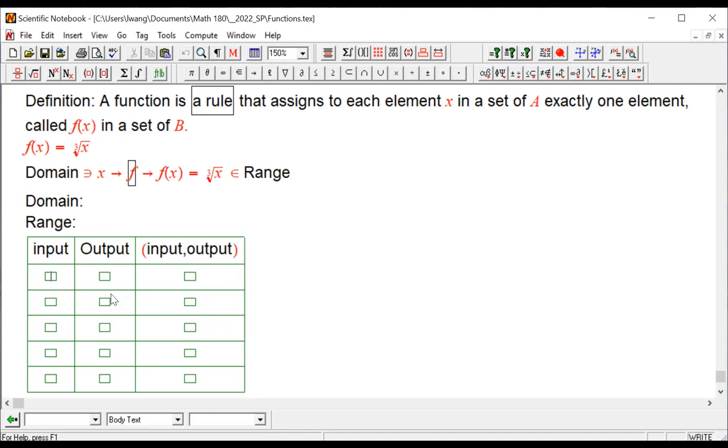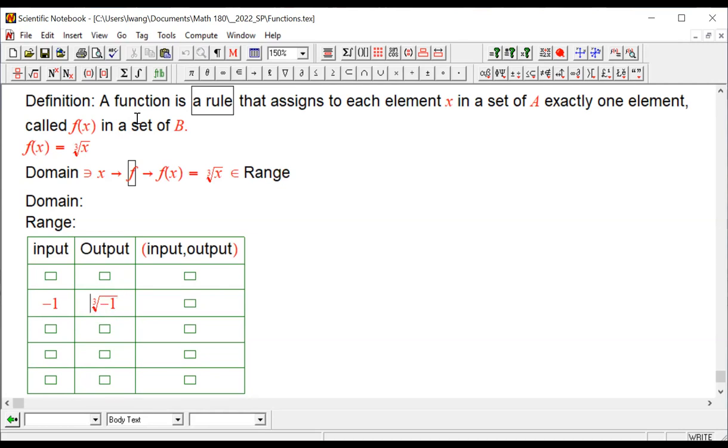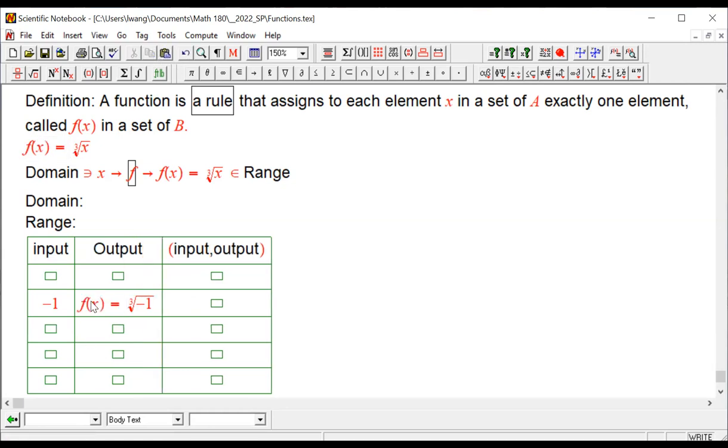All right, can we choose negative numbers? Let's try -1. What is the cubic root of -1? So what is f of -1?